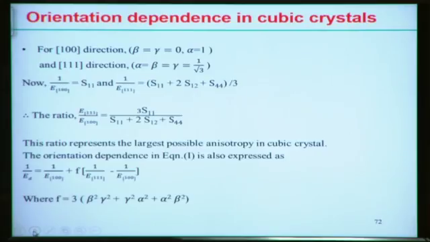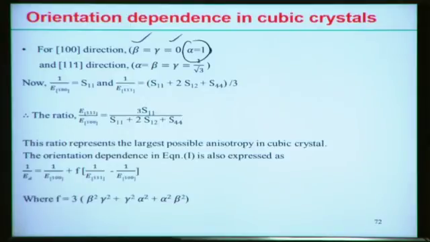Now let us investigate one specific direction, for example the 1 0 0 direction. The 1 0 0 direction is basically an axis of the cubic crystal. In this case the direction cosines with respect to 1 0 0 are: alpha, the first direction cosine, is cos 0, which is equal to 1, but beta and gamma are 0.